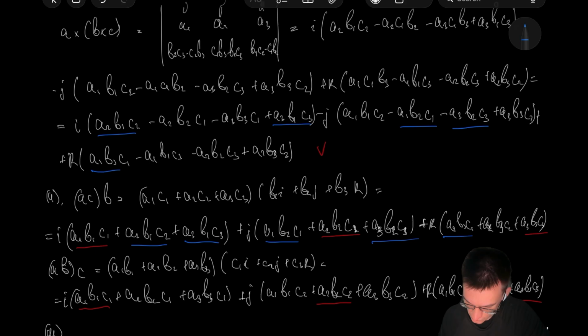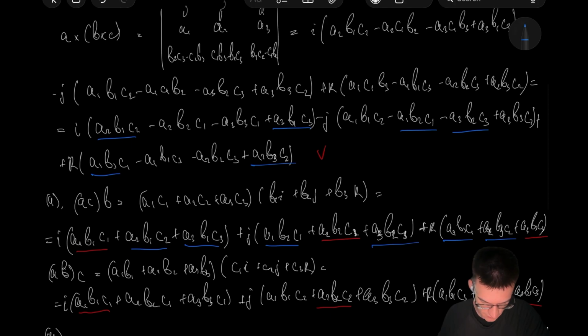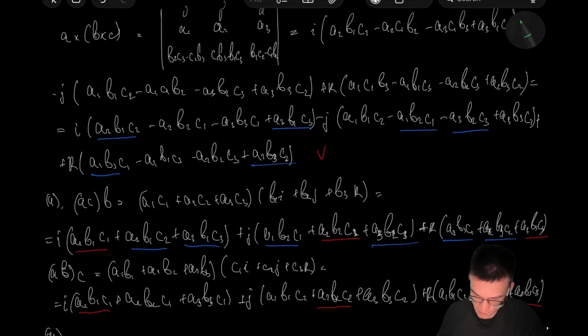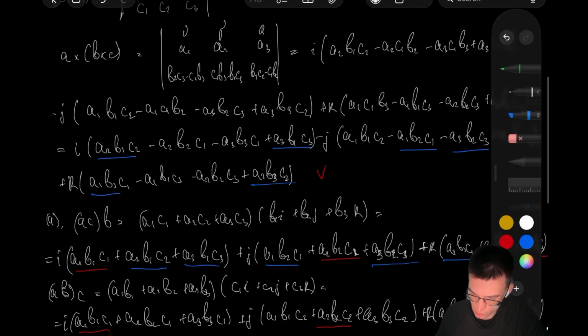And then A2, B3, C2. This one matches. Okay, so each value matches the terms above. So the positive terms check out here.